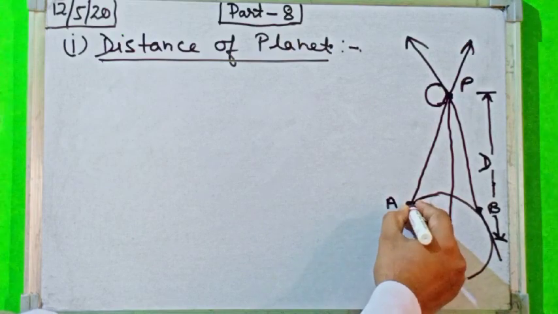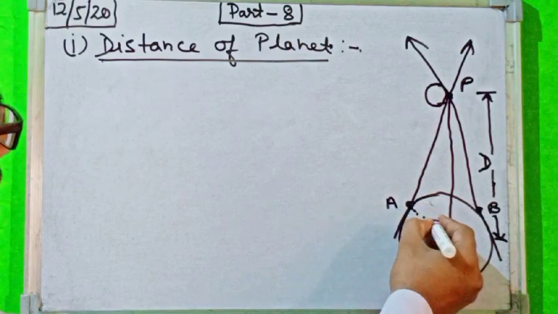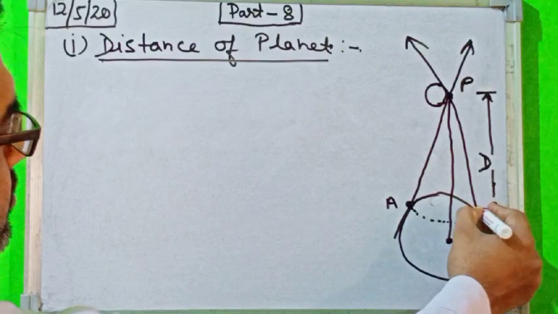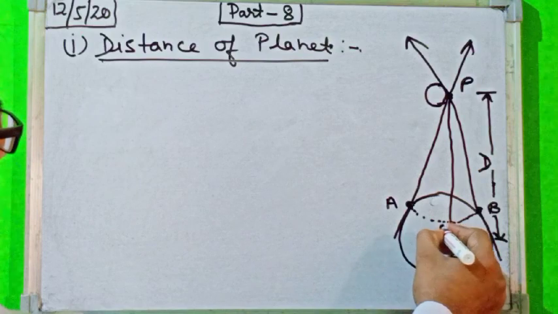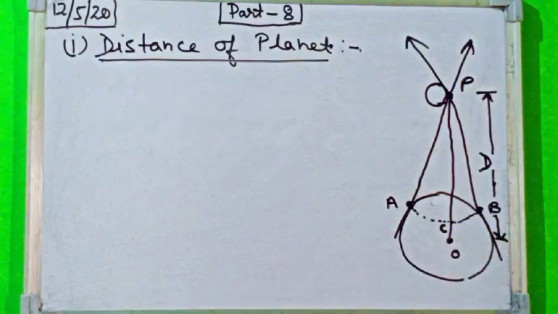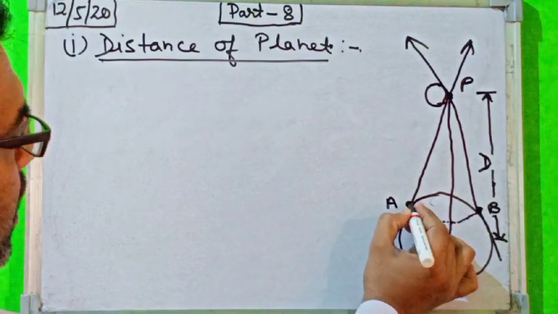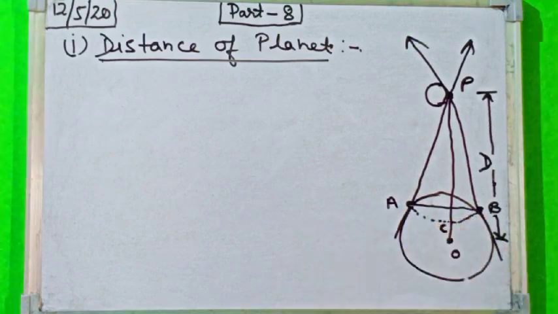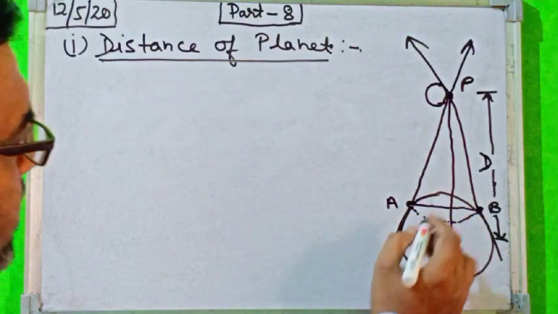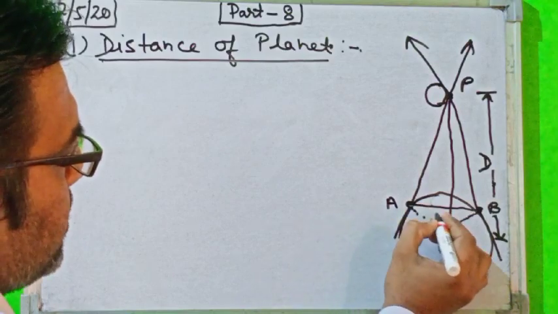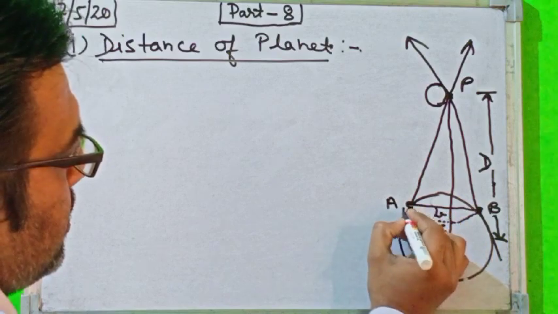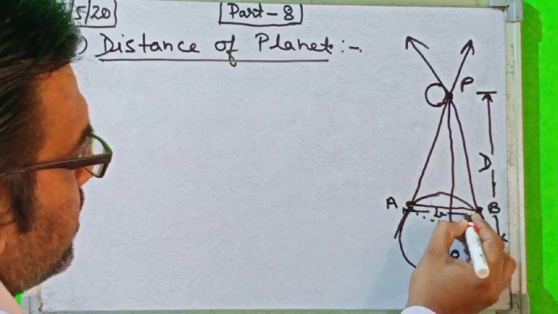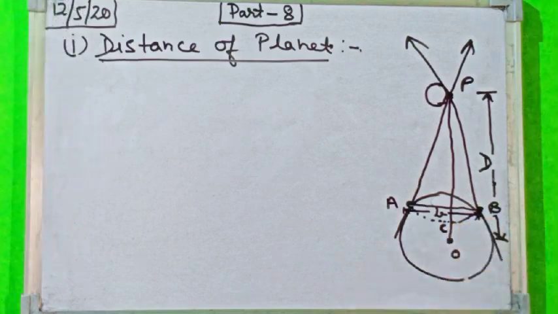Now let us suppose an arc ACB and the chord AB. This is chord AB. The measurement of this chord AB is b, the length of chord AB.